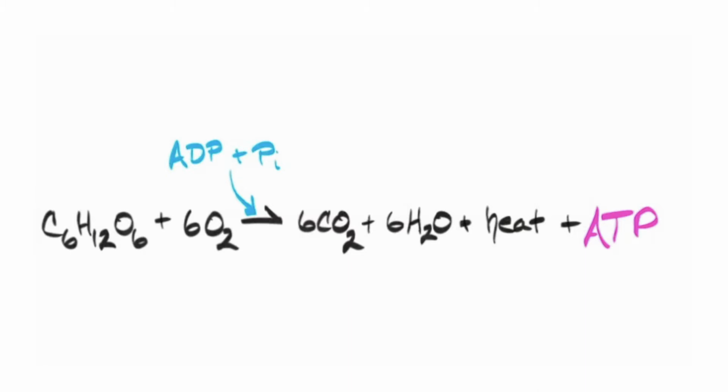Glycolysis happens in the cytosol of the cell, outside of the mitochondrion. The Krebs cycle and the electron transport chain / oxidative phosphorylation happen within the mitochondria. So we have oxygen. Oxygen is required for the Krebs cycle and for the chemiosmosis oxidative phosphorylation stage.